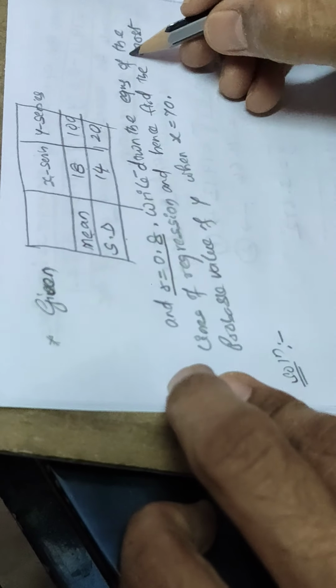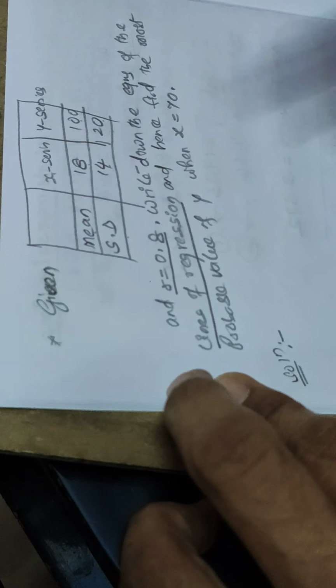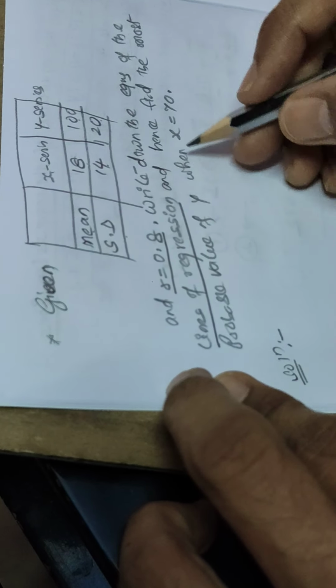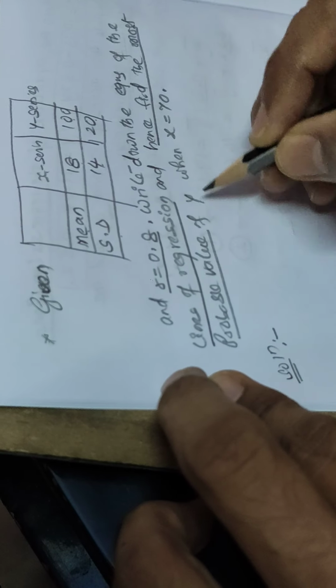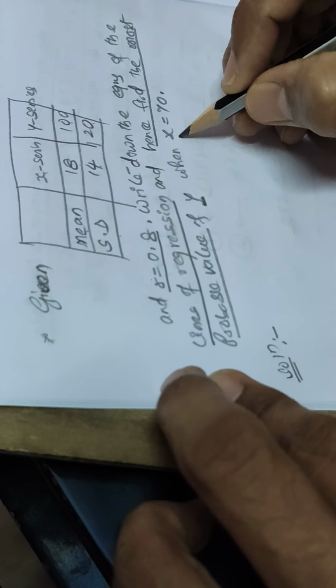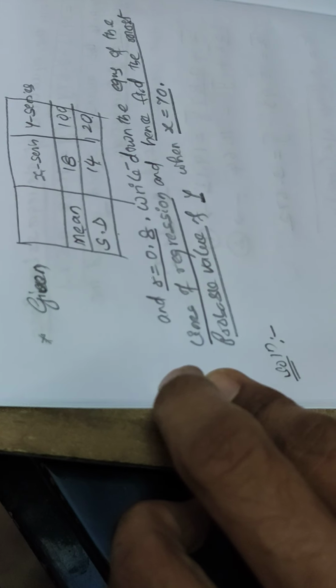Here write down the equations of lines of regression. Hence find the most probable value of y when x is equal to 70.